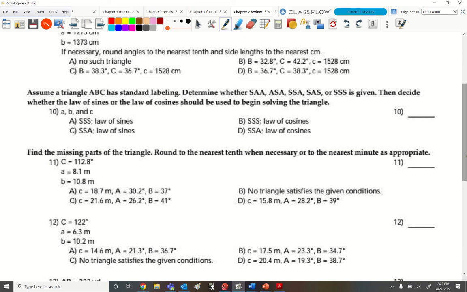Sides, because they're all little letters, right? So it's side, side, side. B. So you said B, why? Because you need an angle to do law of sines. Very good. You need at least one angle to do law of sines. So therefore, it has to be law of cosine, and we use law of cosine to get the angle.